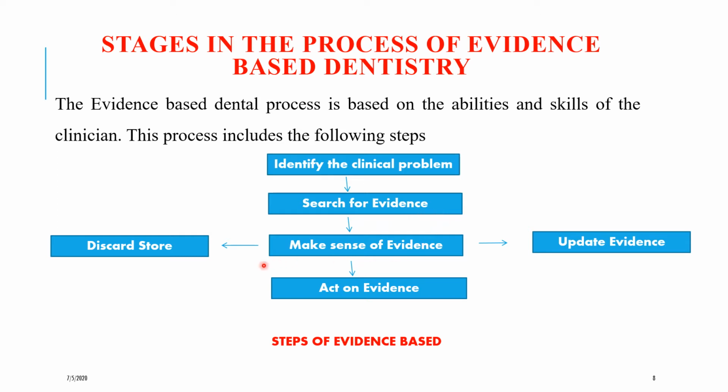After searching, make sense of the evidence. If it is not of good standard, then discard. If it is good, then you try to update that evidence. After updating, act on the evidence. If I give you an example, then you will understand how these steps in the process of evidence will go.